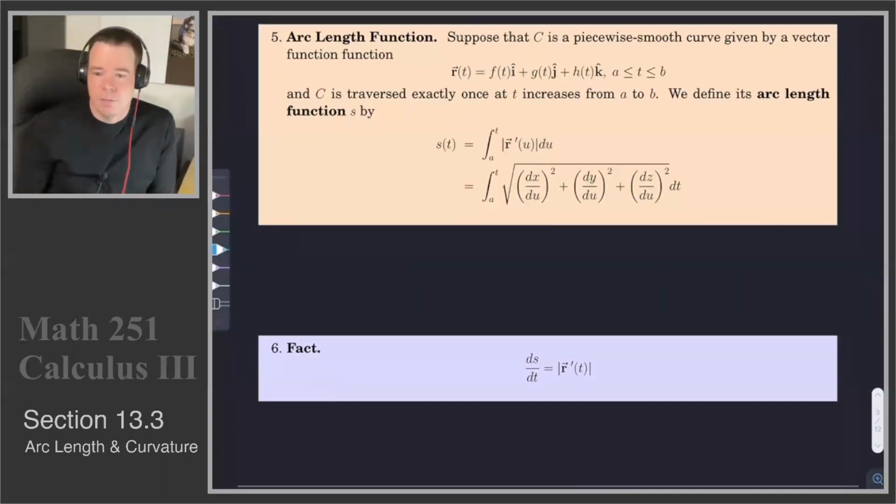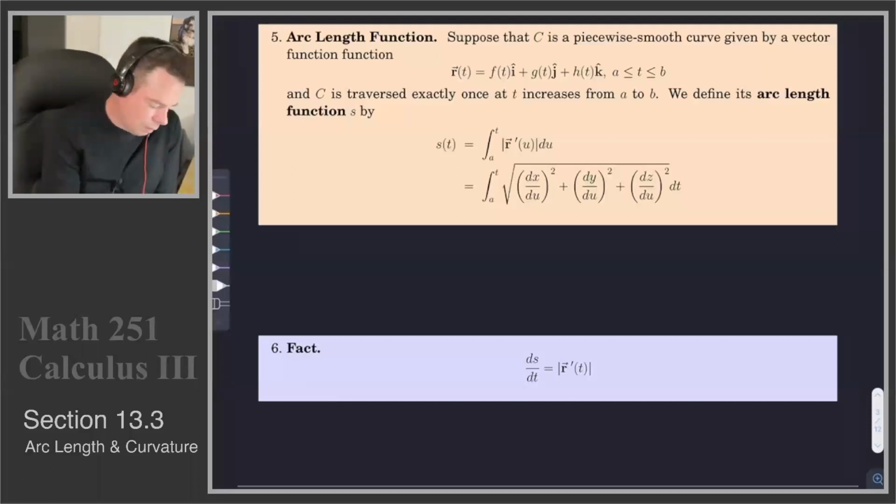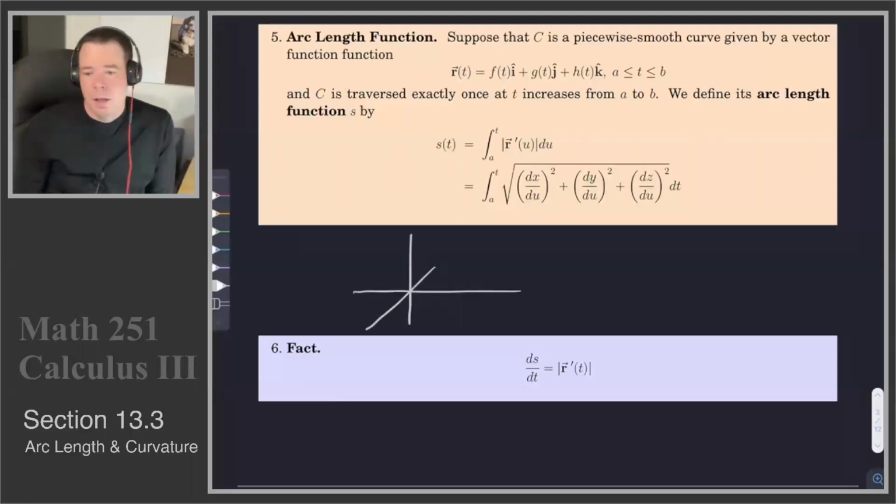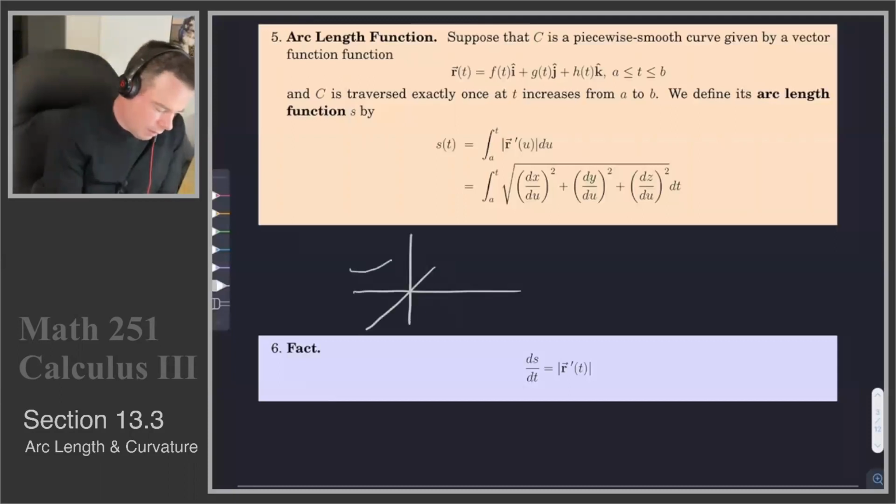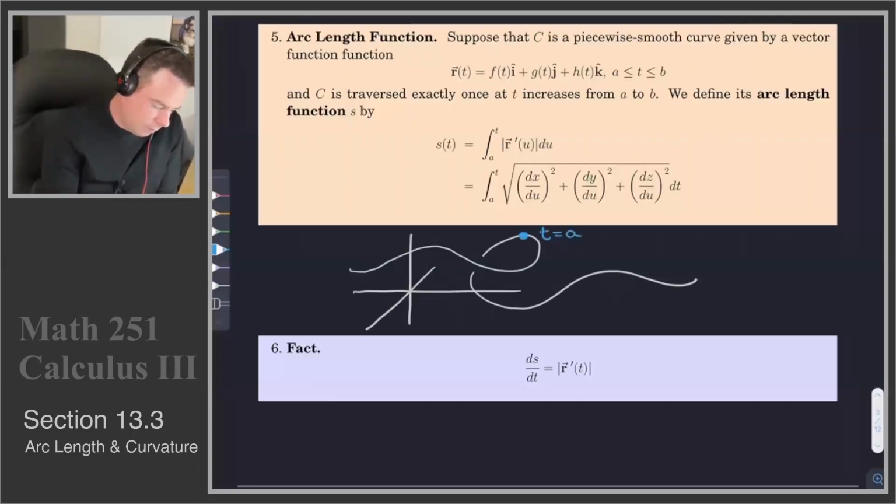introduce this idea of an arc length function. Instead of saying, I want to know the length of the curve between 2 points on the curve, this says, no, I want to know the length of the curve for an arbitrary endpoint. So I'm going to imagine I've got a curve drawn here, and I pick some starting point. We'll call that t equals a.